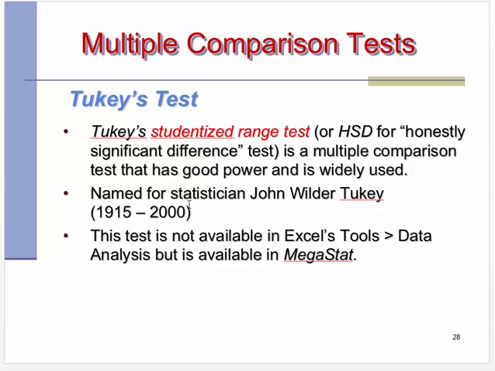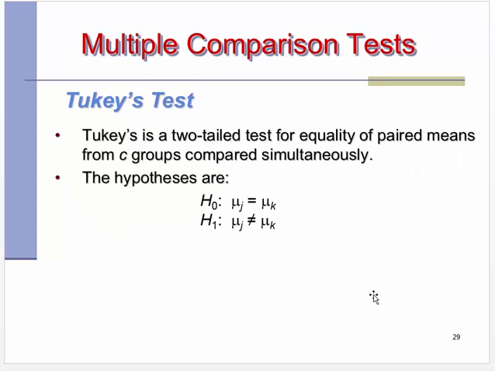It's named after the statistician John Wilder Tukey, from 1915 to 2000. This test is not available in Excel's data analysis tools, but is available in Megastat. In Tukey's test, there's a two-tailed test for equality of paired means from C groups compared simultaneously. The hypotheses are H0: mu j equals mu k between the two groups, and H1: they're not equal, so that's a two-tailed test.